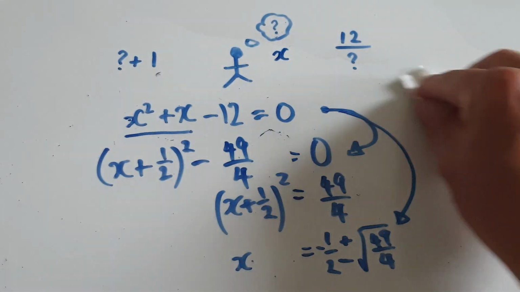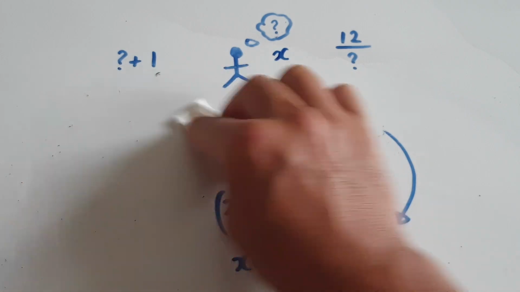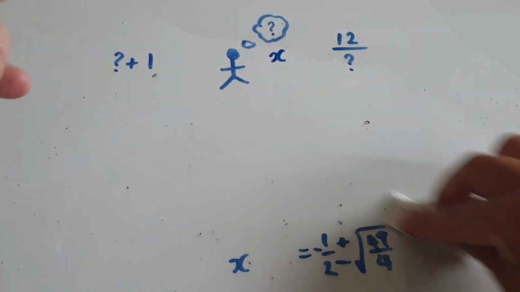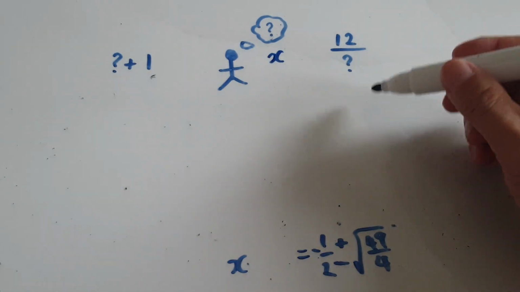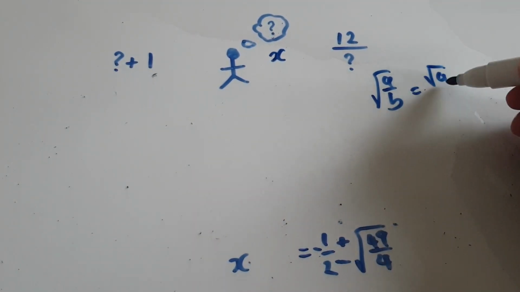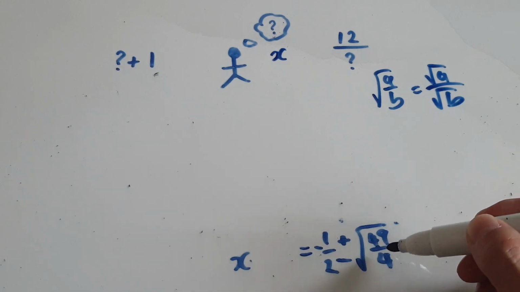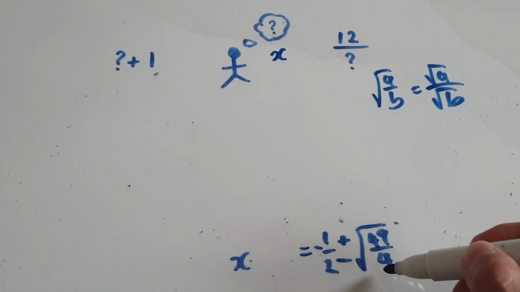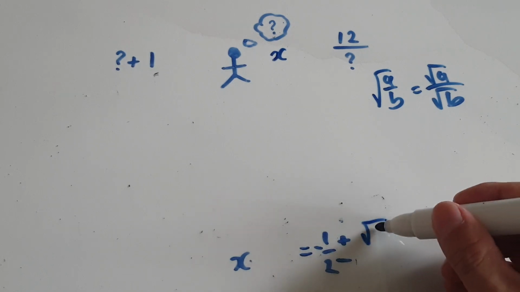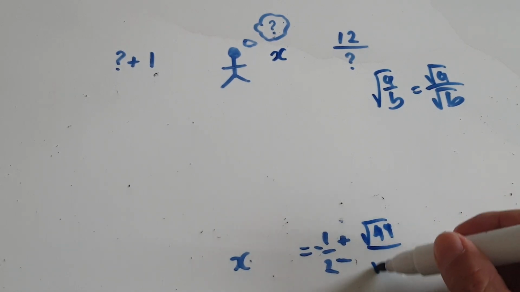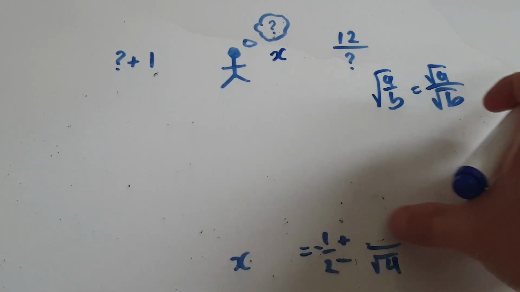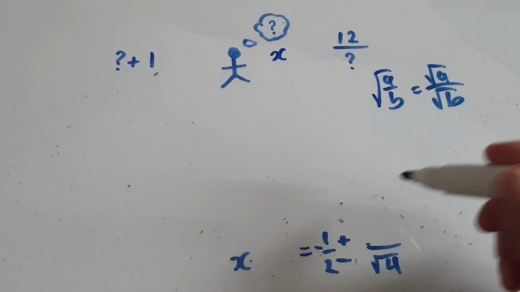What is the square root of 49 over 4? Well, remember, square root of one thing divided by another is the same as square rooting the top and then square rooting the bottom. So that's the same as square rooting 49 and then square rooting the 4. Well, square root of 49 is the number 7. 7 times 7 is 49.